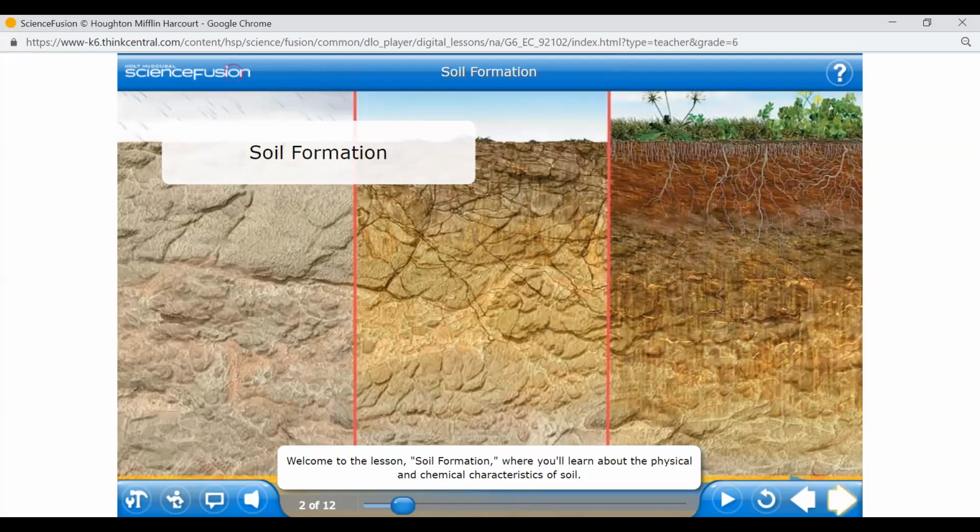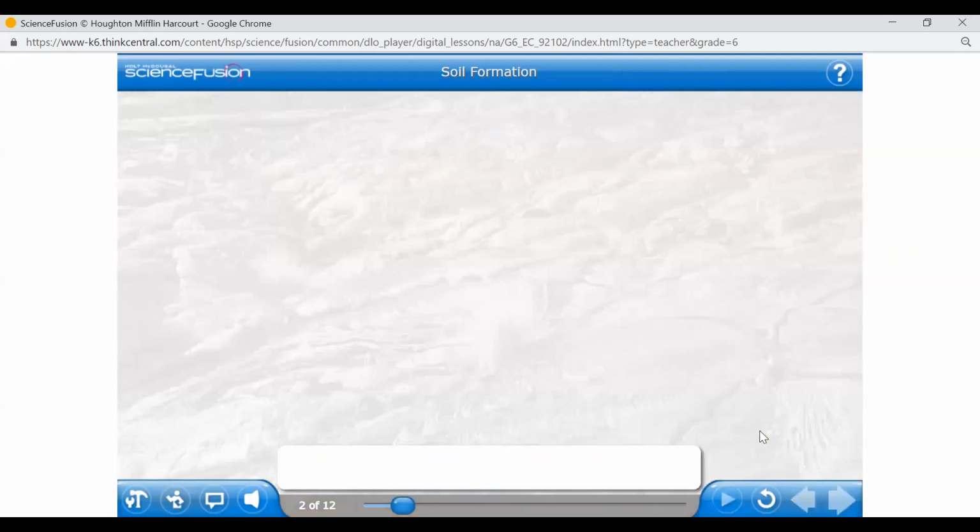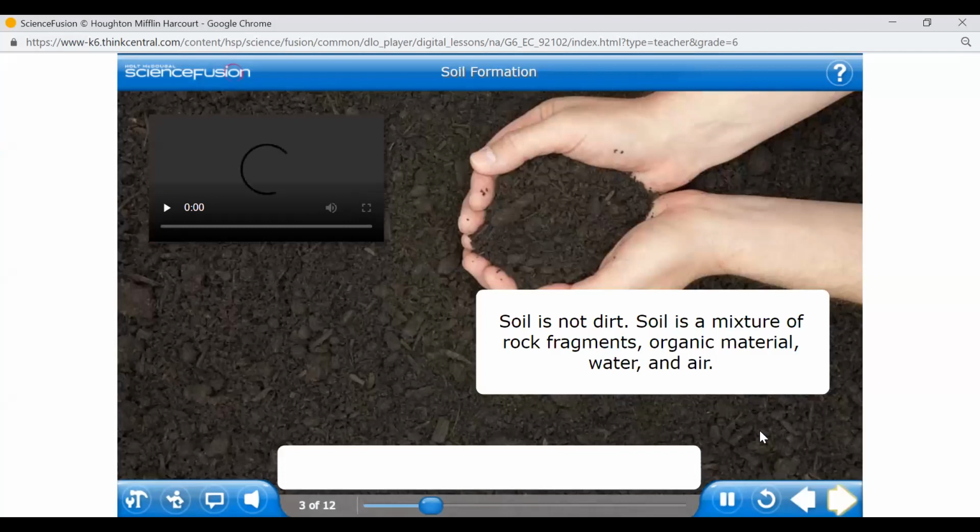Okay, so everyone has to know that we have topsoil, we have subsoil, and we have bedrock. Up top you can see these dead plants, fossils, dead animals, and small fragments of rock mixed with humus.